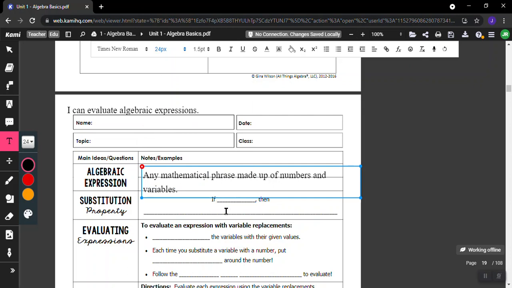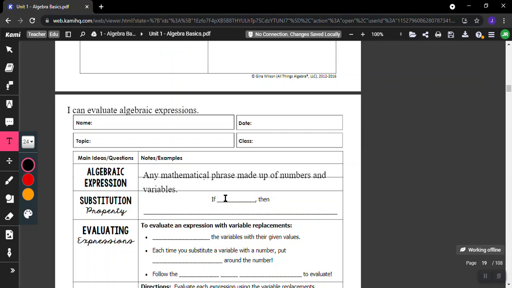These expressions have variables, where we usually put a letter like x or y or a or b, and they will have numbers involved that show multiplication, addition and subtraction. When we are evaluating expressions, we often use this thing called the substitution property.